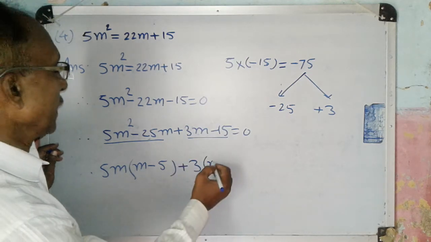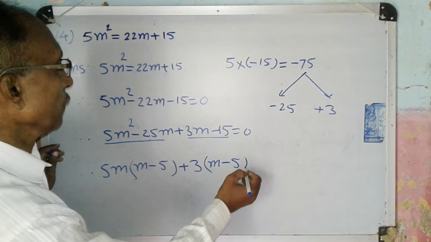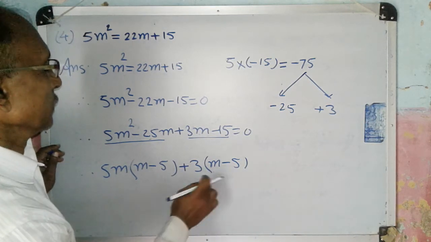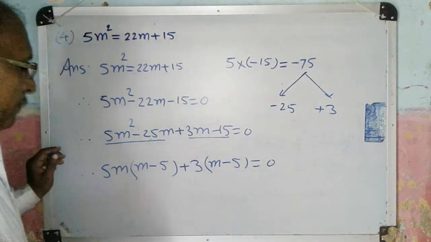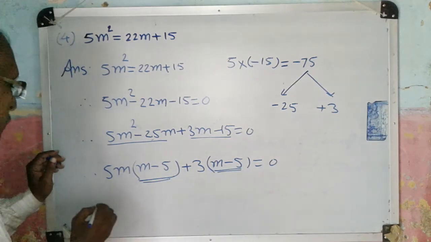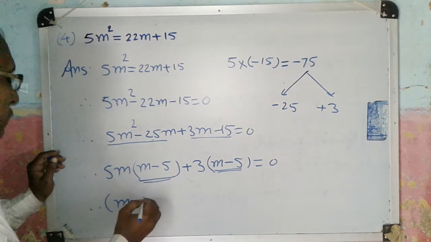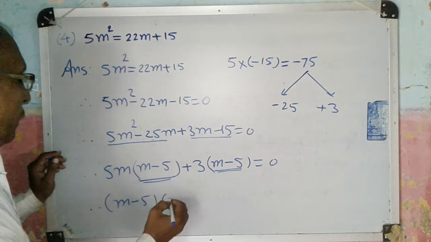In the bracket it remains m minus 5. 3 fives are 15. Now this is the common bracket. The remaining terms go in another bracket.